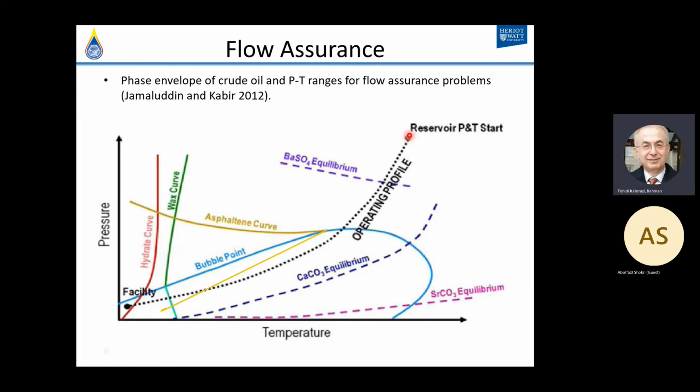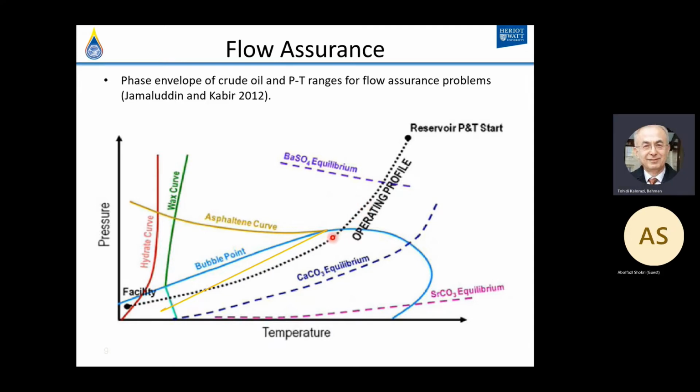This is reservoir condition, and as fluid is produced to surface, the pressure and temperature of the system will change, and you see that here barium sulfate can form, and then here the bubble point. So up to here is a single phase.